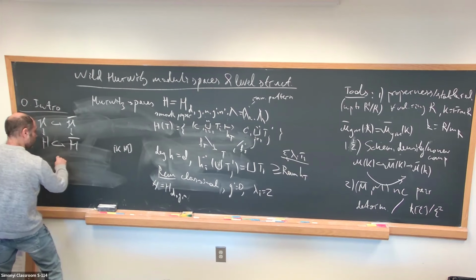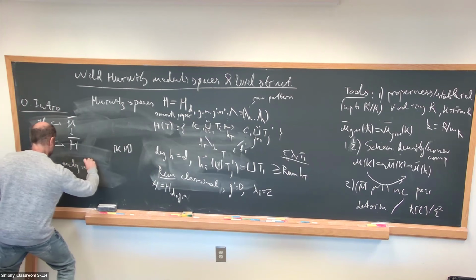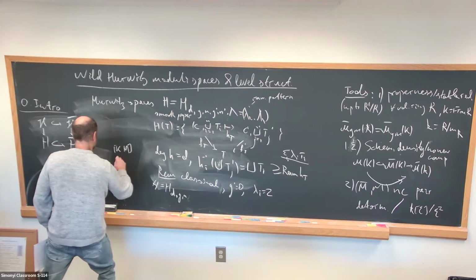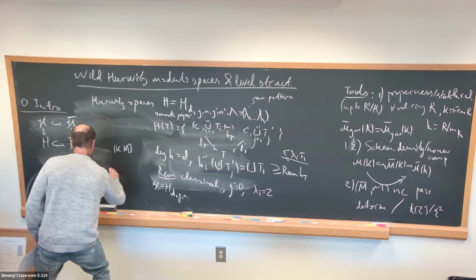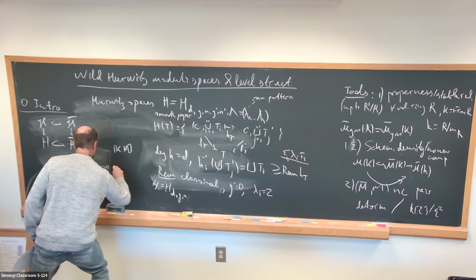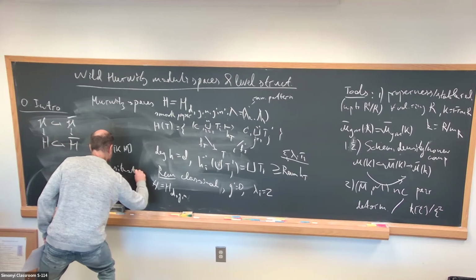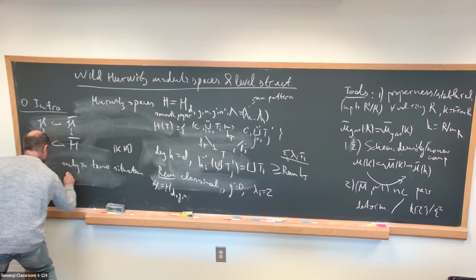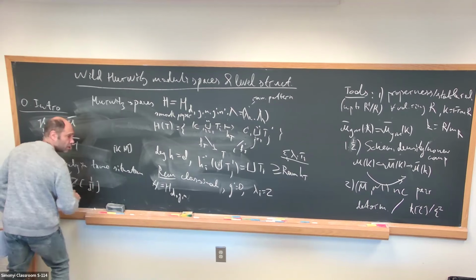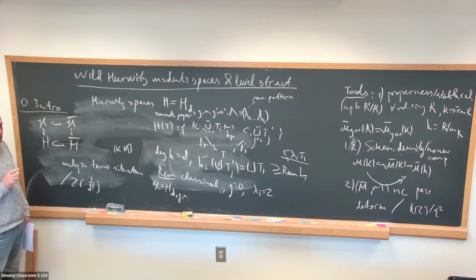But it works well only when, let's say, everything is tame, which means that we work over Z with all primes up to d inverted. So we cannot have inseparable components. We cannot have wild ramification points in our pattern.